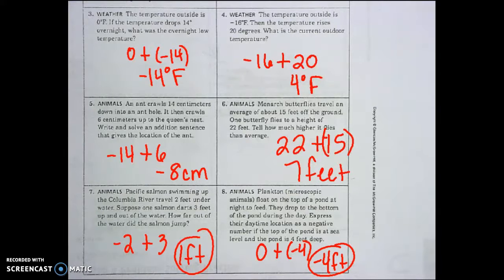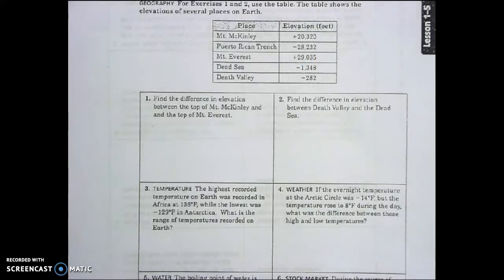For exercises 1 and 2, use the table to show the elevations of several places on Earth. Find the difference in elevation between the top of Mount McKinley and the top of Mount Everest. So Mount Everest is 29,035. Difference means subtract.